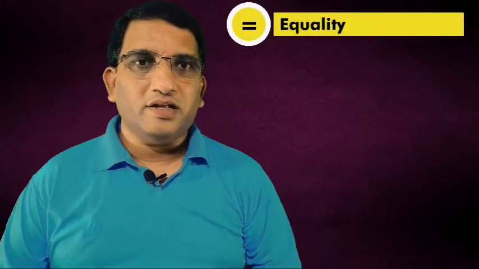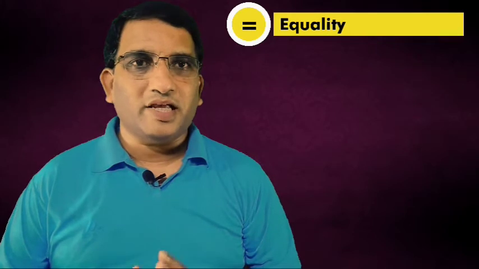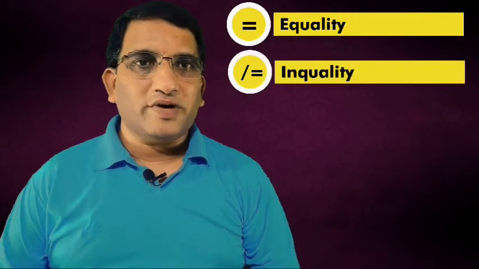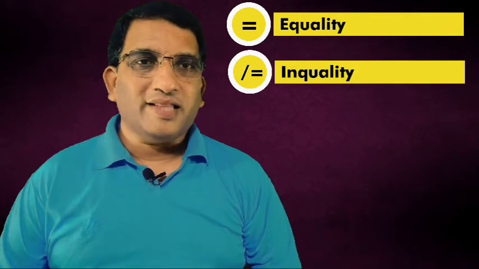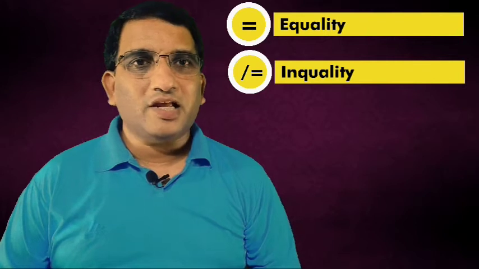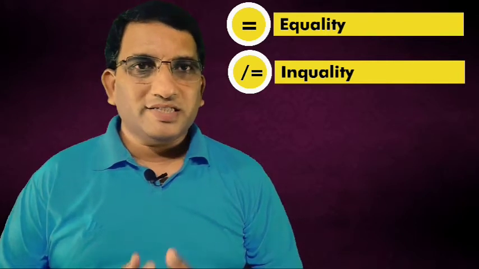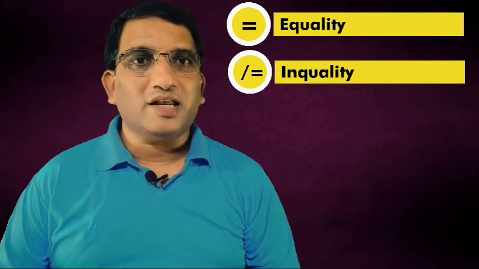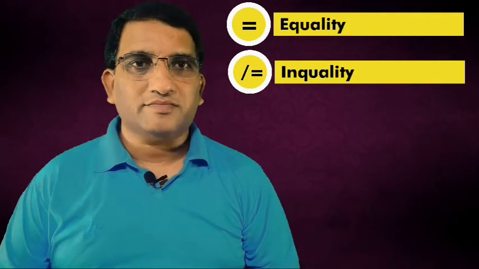So in relational operators, we are having the different types of operators. We will list all the operators. So the first operator is the equality operator, that is represented by the equal to sign. The second operator is forward slash equal to, and this forward slash equal to operator is called the inequality operator, or in simple words you can say that it is the not equal to operator.